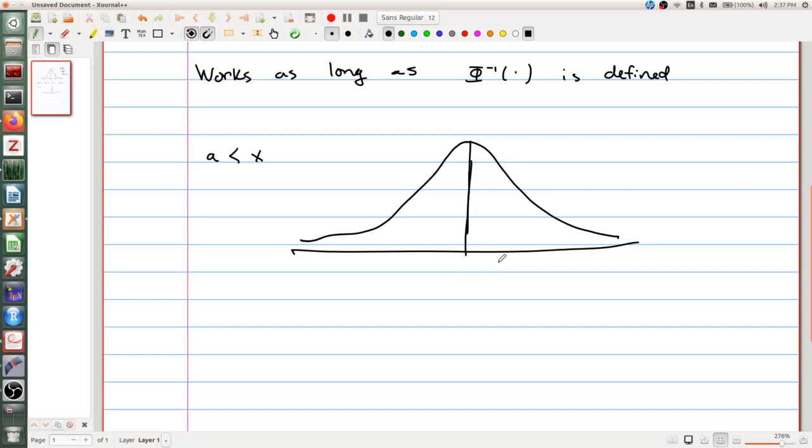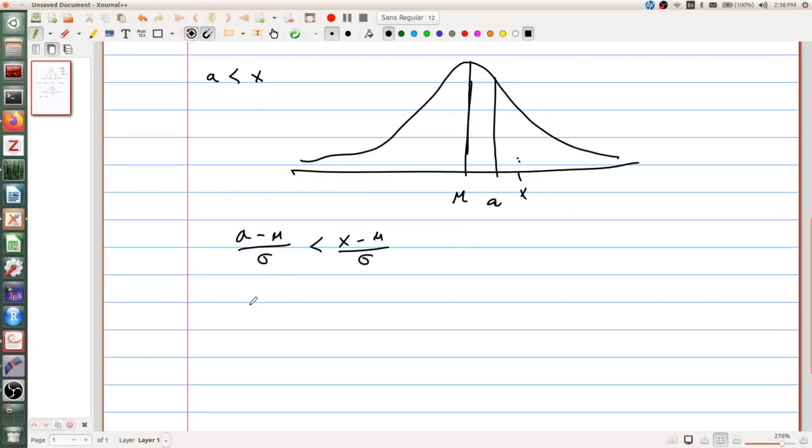Let's say we get some random x that's here on this side of the distribution where we want, and we have some mean, and we have cut point A. Let's standardize everything, that way we can use the standard normal distribution as opposed to some other normal distribution.